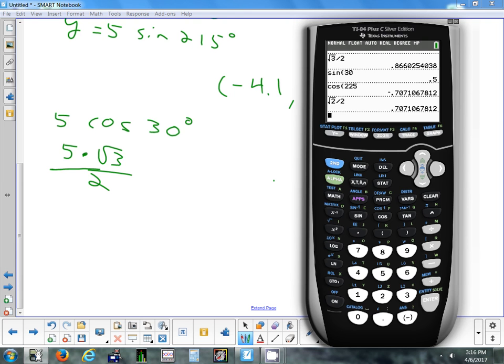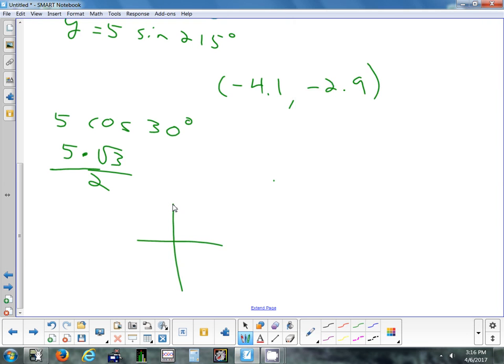Okay, so anything that's a multiple of 30 or 45, you're going to see fractions that are root 3 over 2, or you're going to see root 2 over 2. So why is that a negative? It's the negative part of the graph, right? Yeah, think about it: 225 is in this quadrant. And remember that diagram we did? That tells us where the trig functions are positive.